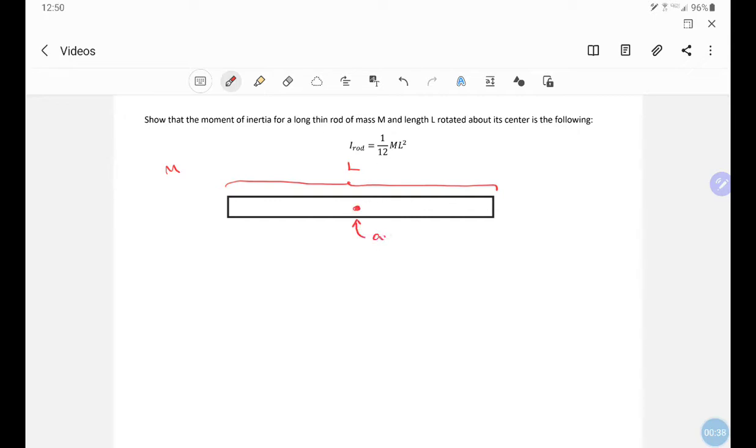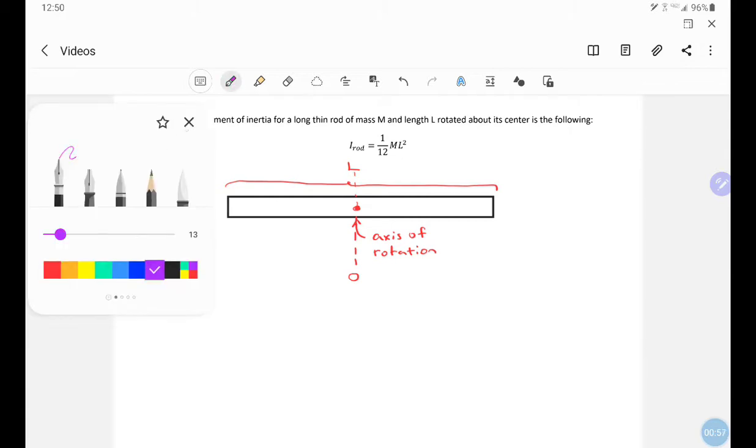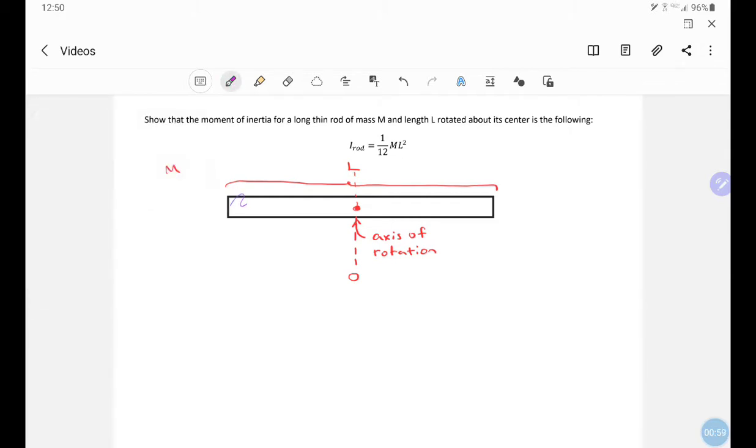So here's the axis of rotation. This is also the zero or the origin. So this is 0.